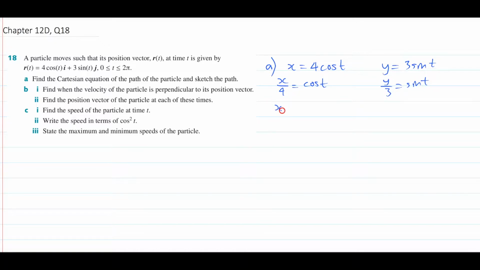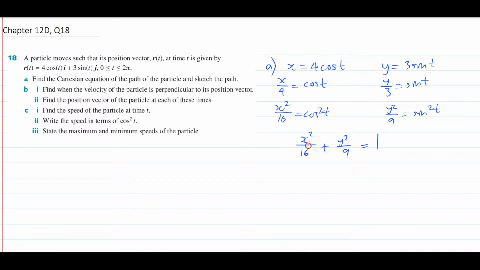Then you square both sides and you get x squared over 16 equals cos squared t, and y squared over 9 equals sin squared t. You add them together, cos squared plus sin squared, you should get 1. So therefore, x squared over 16 plus y squared over 9 equals 1, just due to the identity rule.